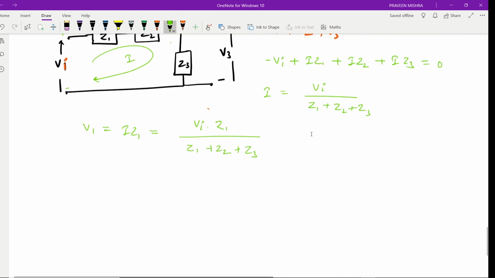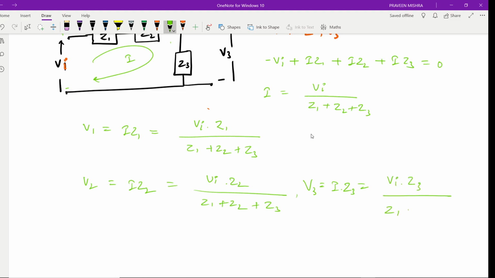And V2 will be I into Z2, so it will be VI into Z2 upon Z1 plus Z2 plus Z3. Similarly, V3 will be I into Z3, means VI into Z3 upon Z1 plus Z2 plus Z3.